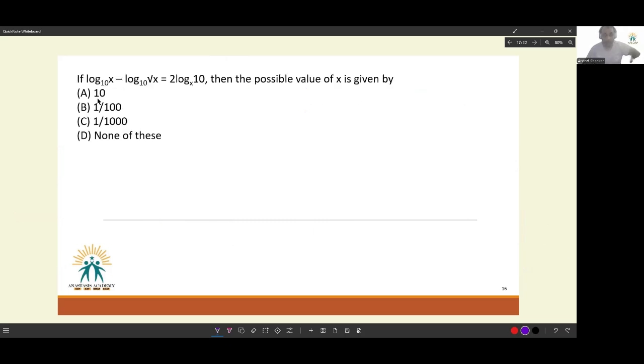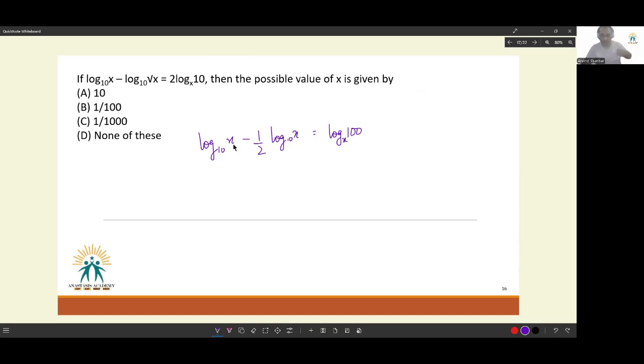We got this log x to the base 10 minus log root x to the base 10 is as good as log x to the base 10 minus half log x to the base 10 is equal to log 100 to the base x.